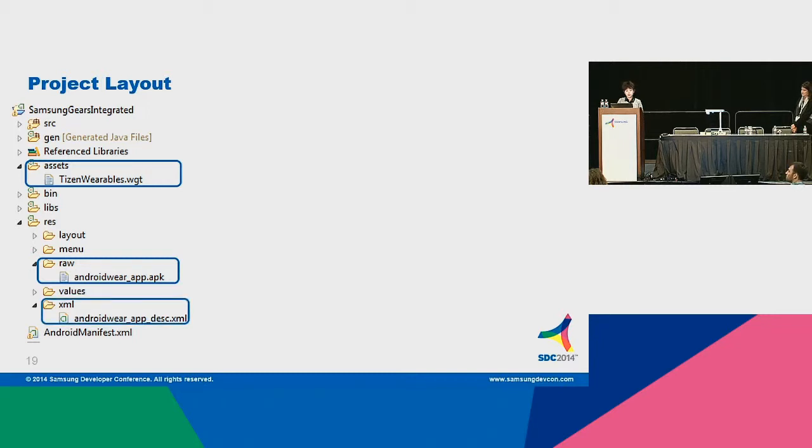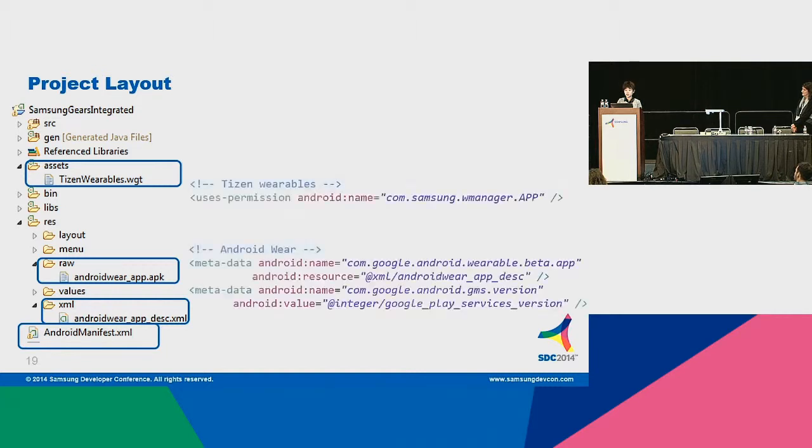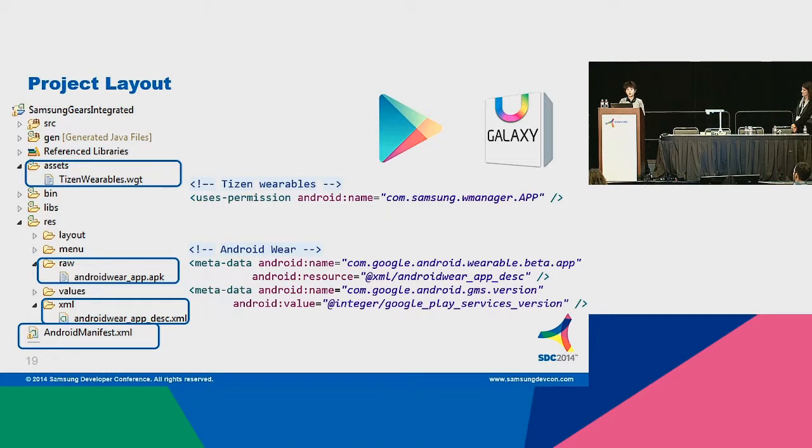Resource XML defines your Android Wear app description, and you have to include additional permissions or metadata for both your Tizen Wearable and Android Wear. Once you are done, get your app submitted to both Google Play and Samsung's own App Store, Galaxy Apps.